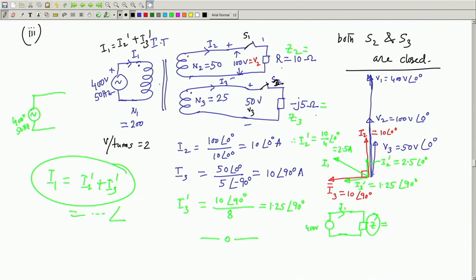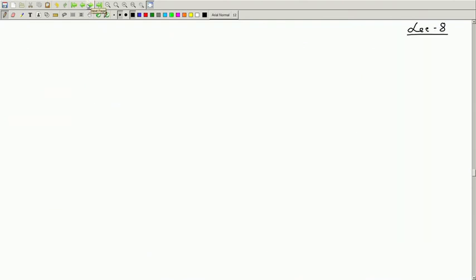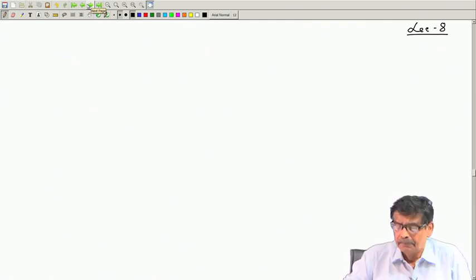Now, one thing of course, the same problem could be done in a much simpler way by making use of the energy balance equation or power balance equation on both the sides.